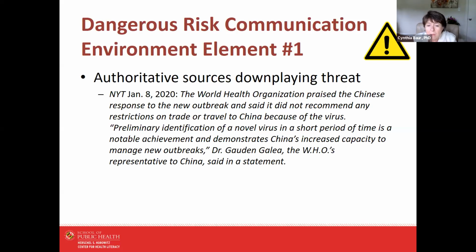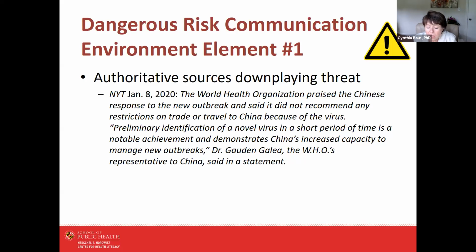So in thinking about how to organize the talk today, I looked back at what were the initial public information statements about the coronavirus initially, and then it switched over to being referred to as COVID-19.